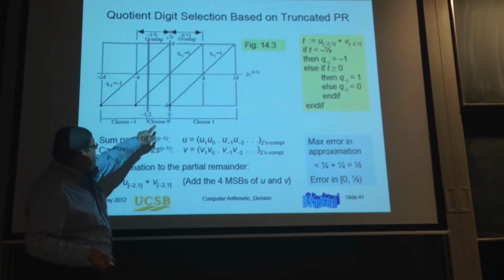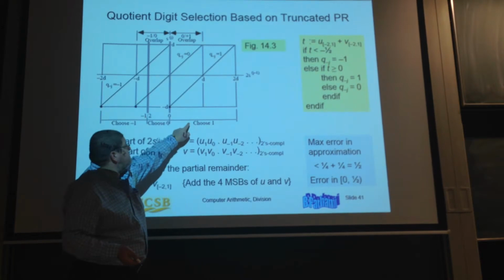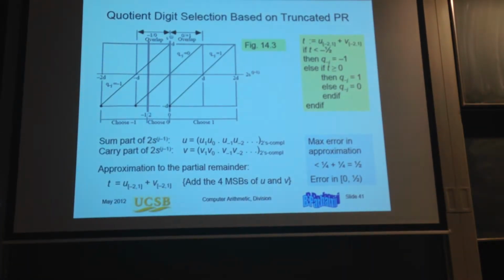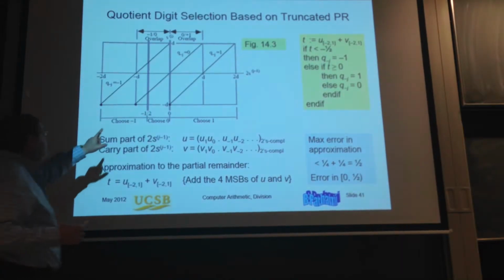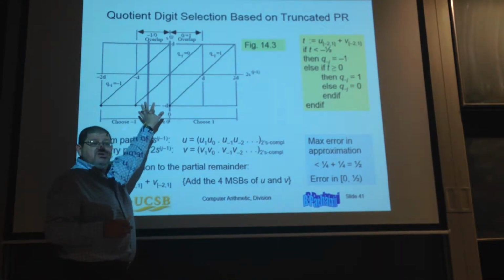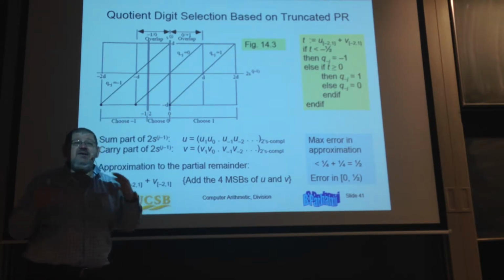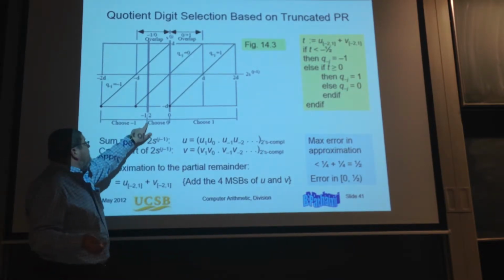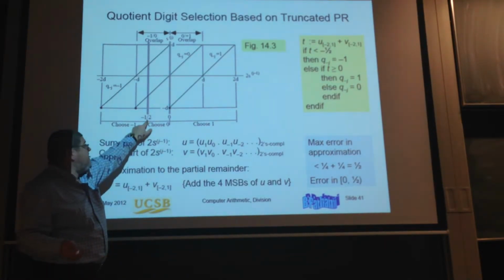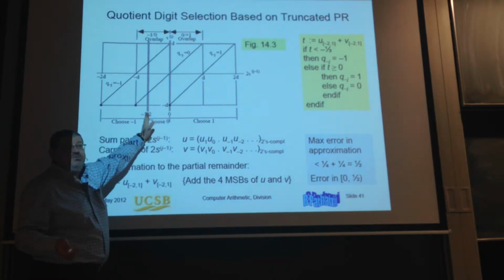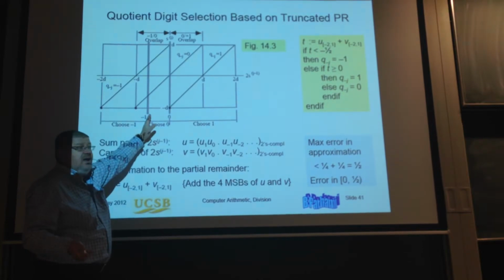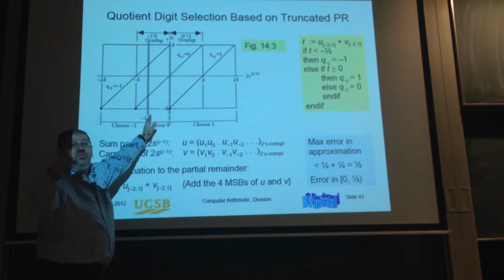If I am larger than 0, I will choose a 1, otherwise I'll choose a 0. Now, in general, if I would not have had these overlap regions, the fact that I had an error would have created some problems. But now, let us say I'm smaller than minus 0.5, which means I can be between minus 0.5 in the worst case, close to, and that value plus 0.5.